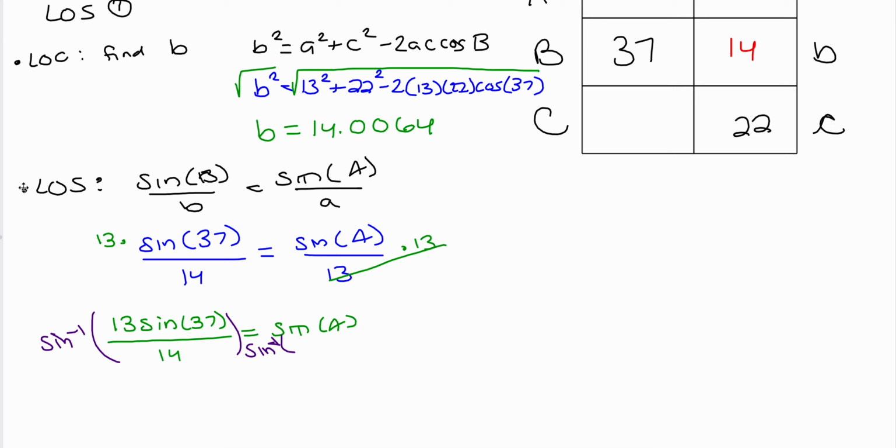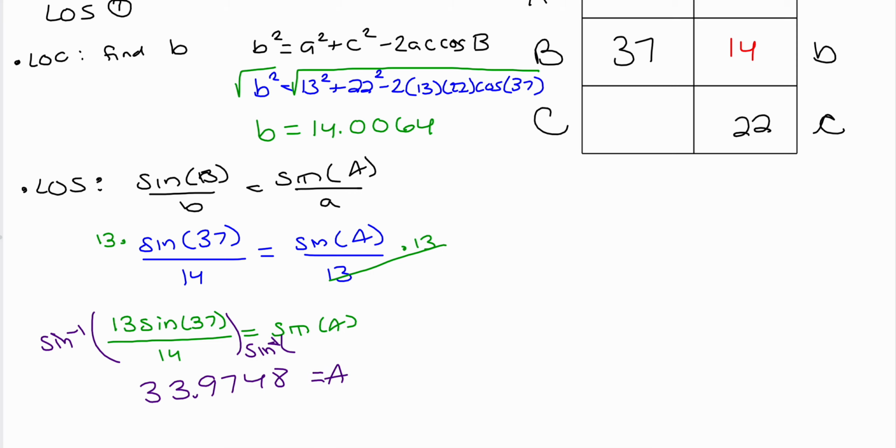Make sure you close the parentheses after the 37, and then you can press the division of 14. So I'm going to press enter, and this gives us 33.9748, and that will give you A.